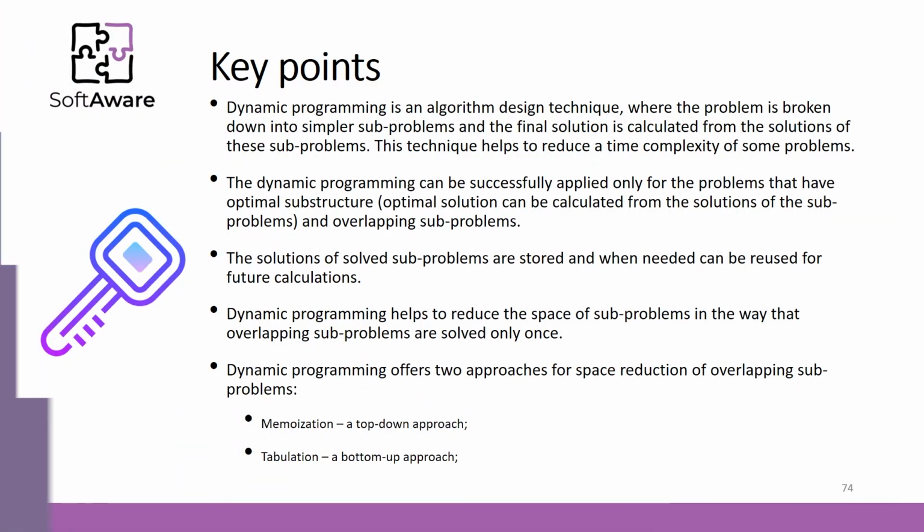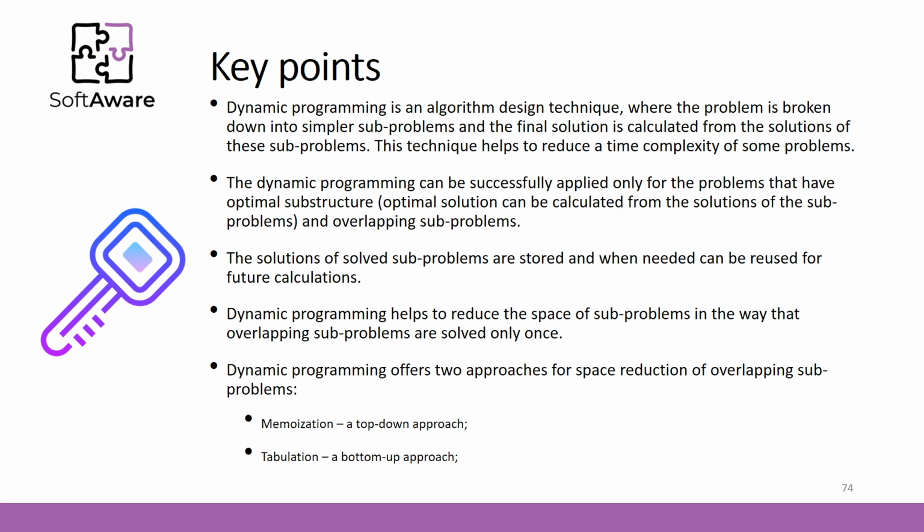The key points of this lecture would be the following. Dynamic programming is an algorithm design technique where the problem is broken down into simpler subproblems and the final solution is calculated from the solutions of these subproblems. This technique helps to reduce the time complexity.